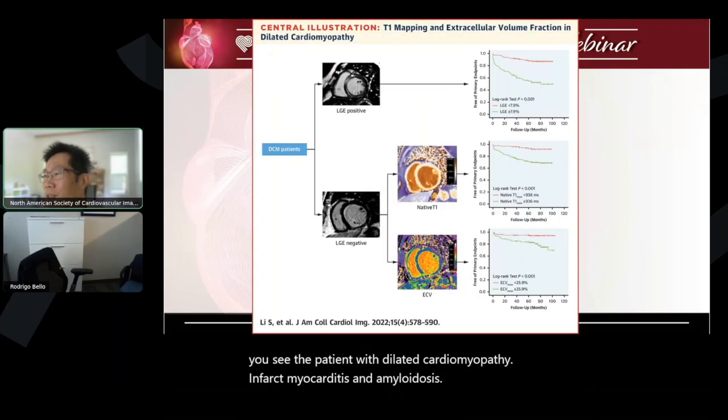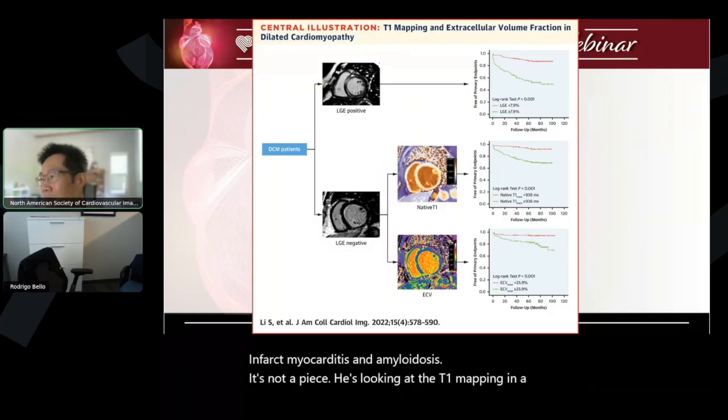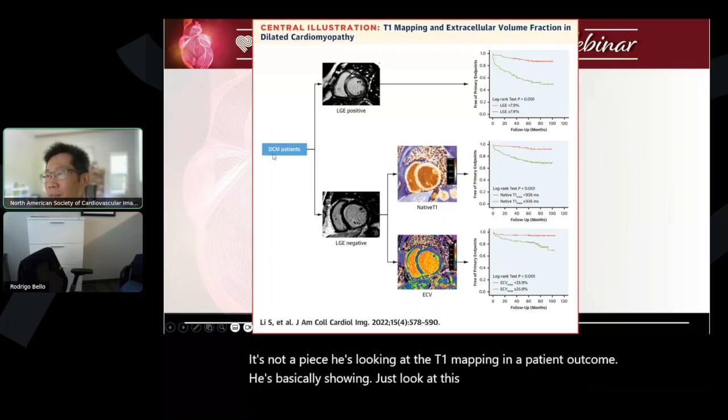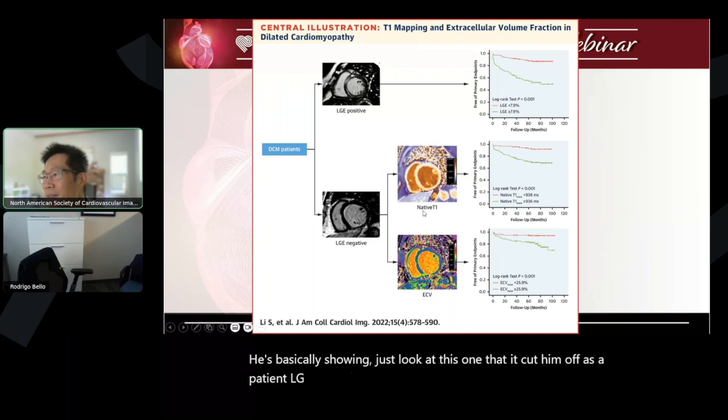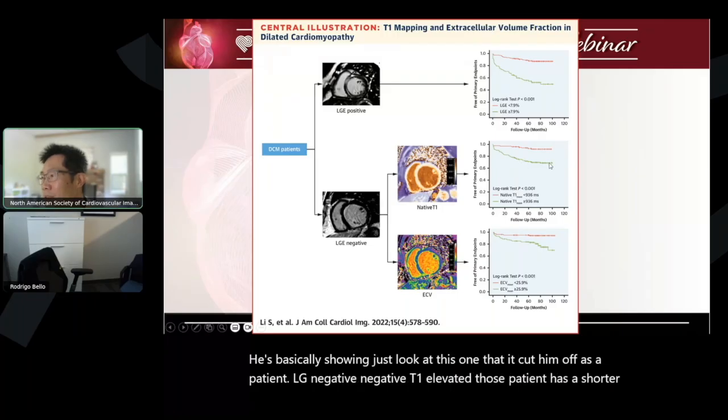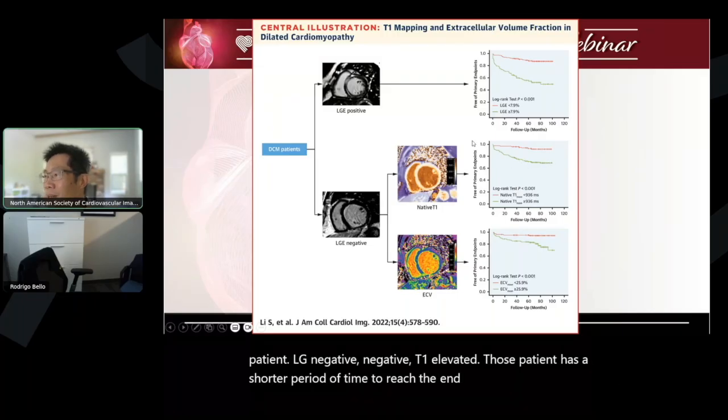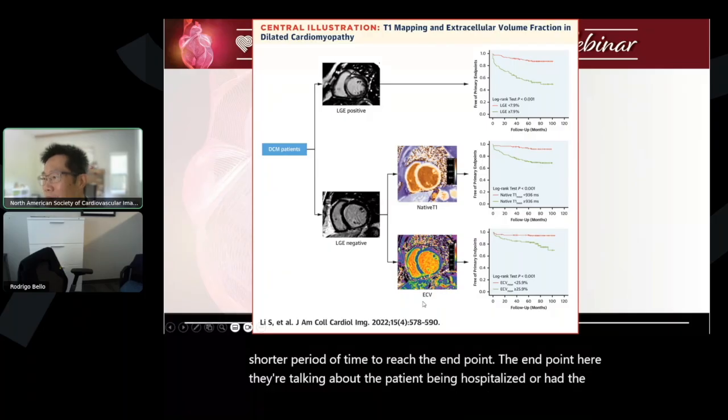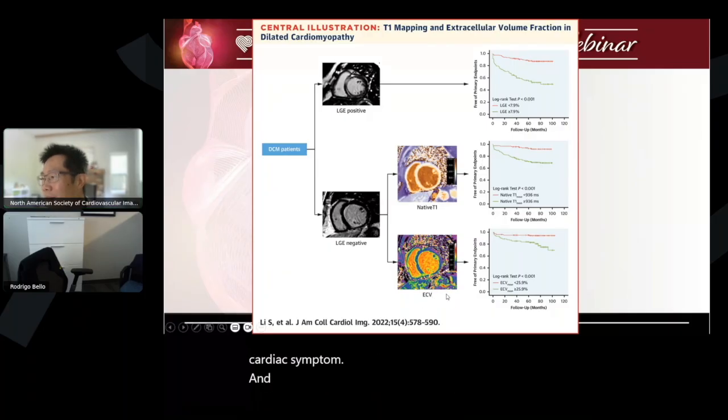This is looking at T1 mapping and patient outcome. Just look at this one: dilated cardiomyopathy patients who are LGE negative but have elevated T1 have a shorter time to reach the endpoint. The endpoint here is the patient being hospitalized or having a cardiac symptom. Also for elevated ECV, their cutoff is actually 25, 26.